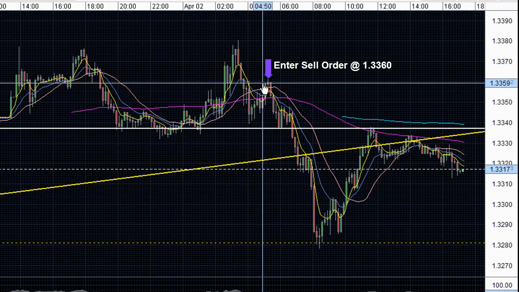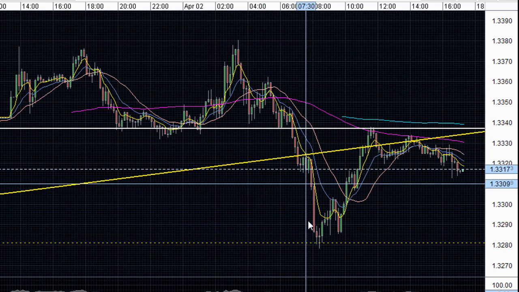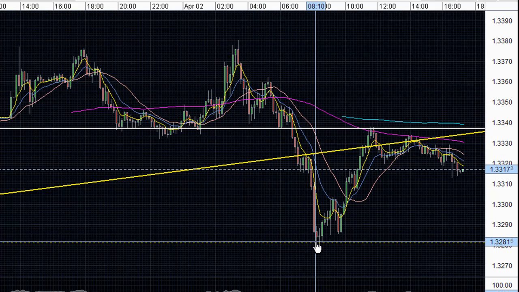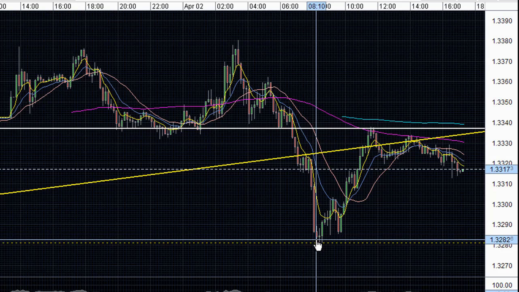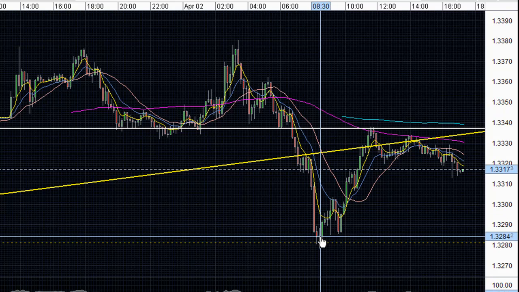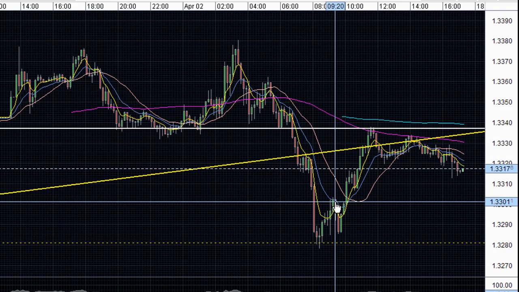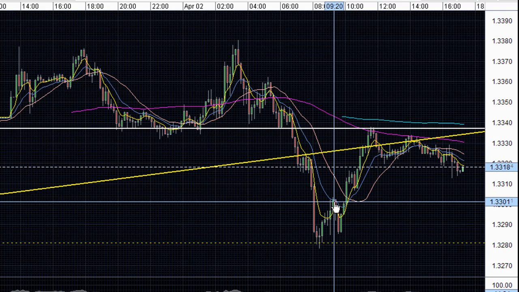Now, let's say you weren't up during this time of the day, during the European trading session, and you were looking for an opportunity to actually enter the market during the U.S. trading session. Well, you could have done it. You could have entered a buy order once price had reached up and hit this resistance at our 33.00 psychological level.